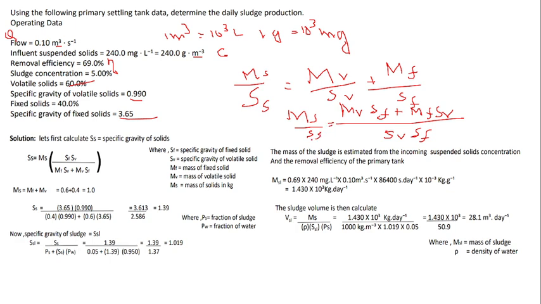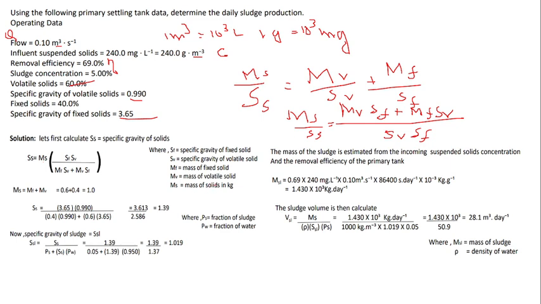To find the Ss, that is the specific gravity of solid, take the reciprocal of it and multiply it with Ms, right? So that is what is given here: Sf into Sv divided by Mf into Sv plus Mv into Sf, into Ms. So Ms is the mass of the solid.